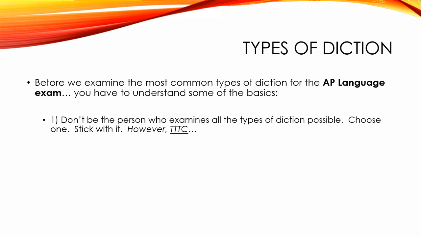And so, should that happen, yes, you can analyze it, but always keep in mind you have to be able to explain both. You don't want to list 16 types of diction. You just want to have maybe 1 guaranteed, 2 if it is required. And when I say required, I mean it's required to make your point more effective. It's not required by me or College Board.